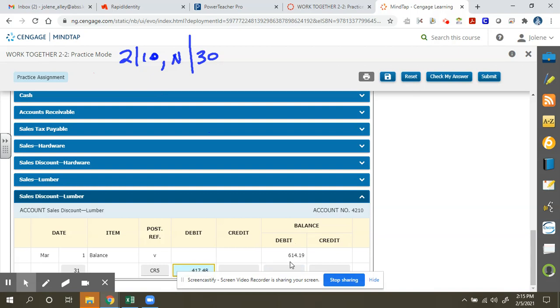It already has a debit in there, so we got to add it together. All right, $1,031.67. We have to take this account number, 4210.